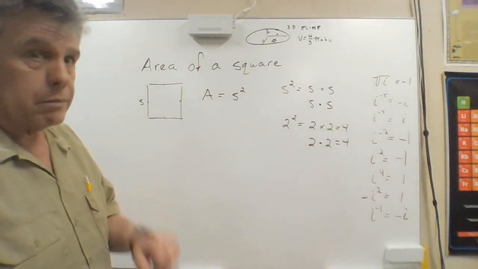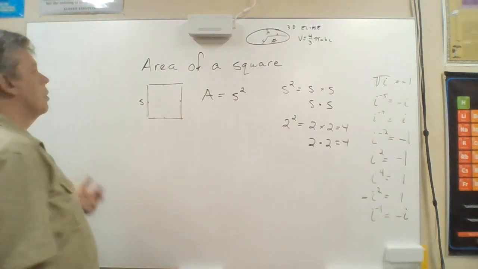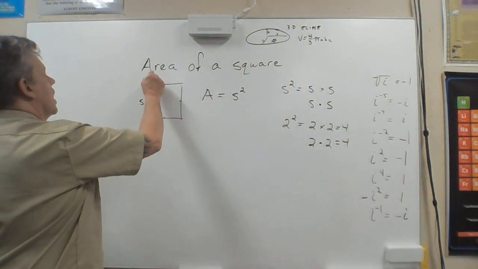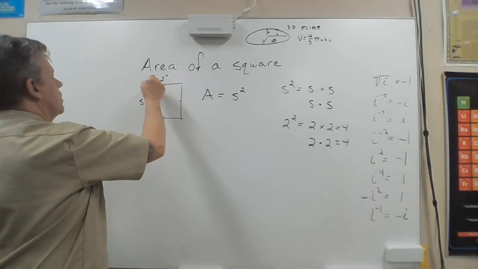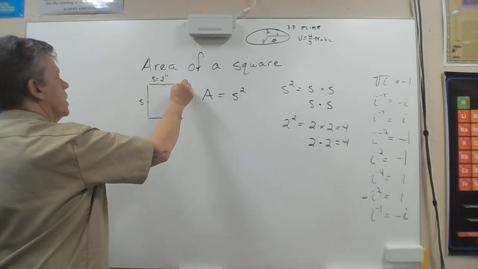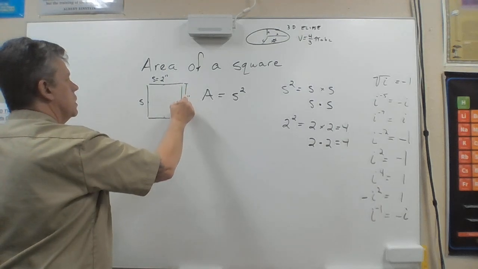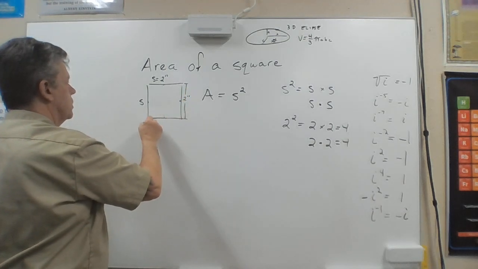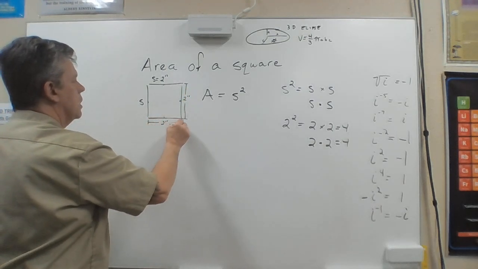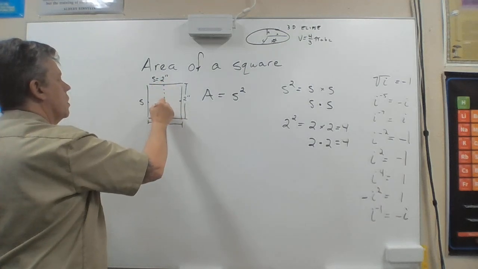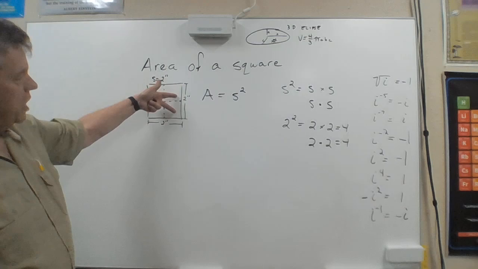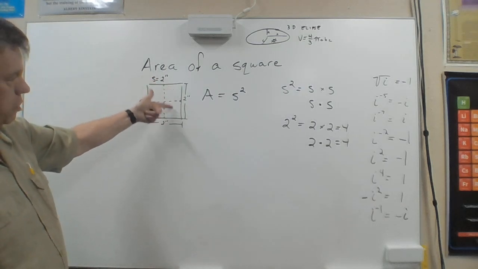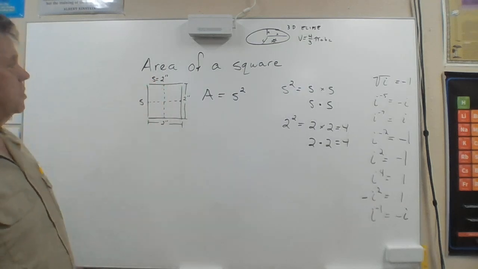So back to our formula. Let's work this one out. In this case, we're going to say that our side is equal to 2 inches. So it's 2 inches from here, and also it's 2 inches across from here. That makes sense. So let's just divide it up into chunks. We've got 2 sections: 1 inch, 2 inches, and 1 inch, 2 inches there.